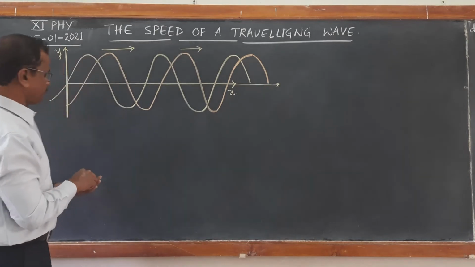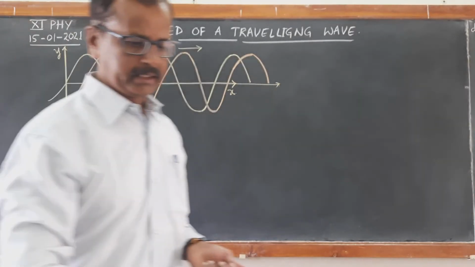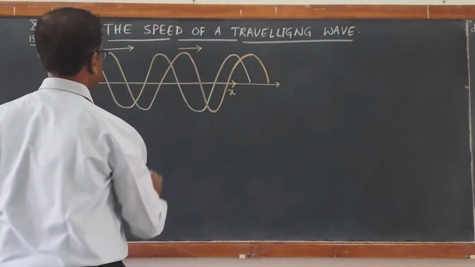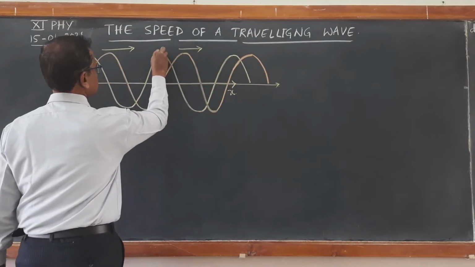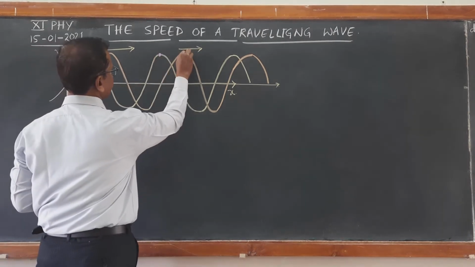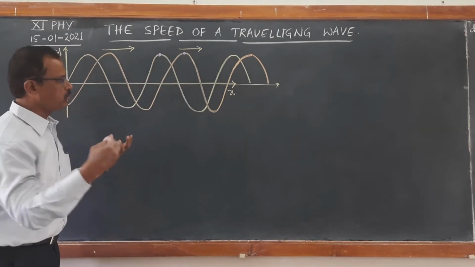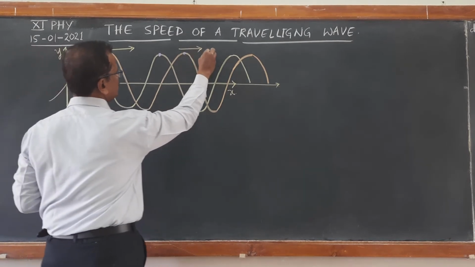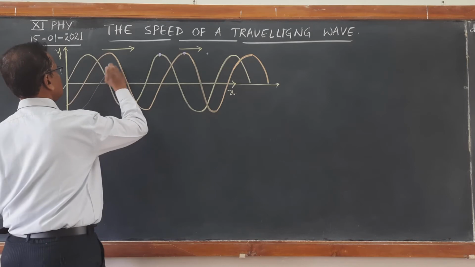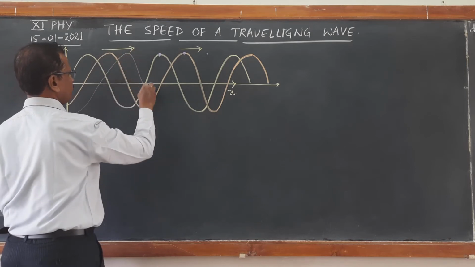Now if you are focusing on one particular point, let us say this crest, this dot, after time delta t the same dot appears to be here. After some more time delta t, the same dot will be appearing somewhere here, because after one more time interval the wave will be appearing like this.